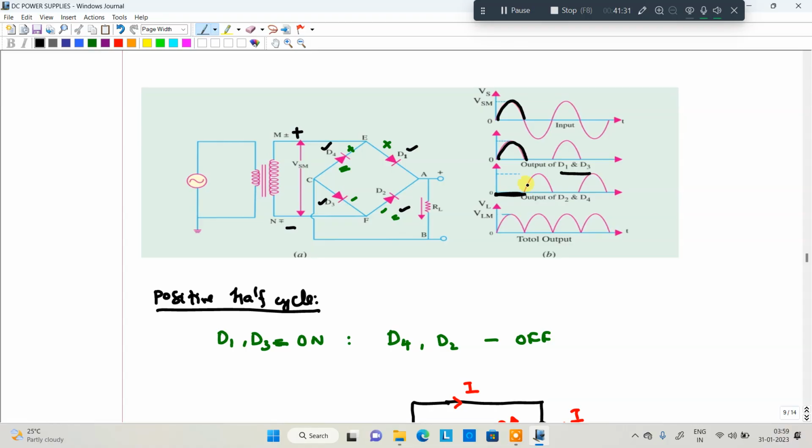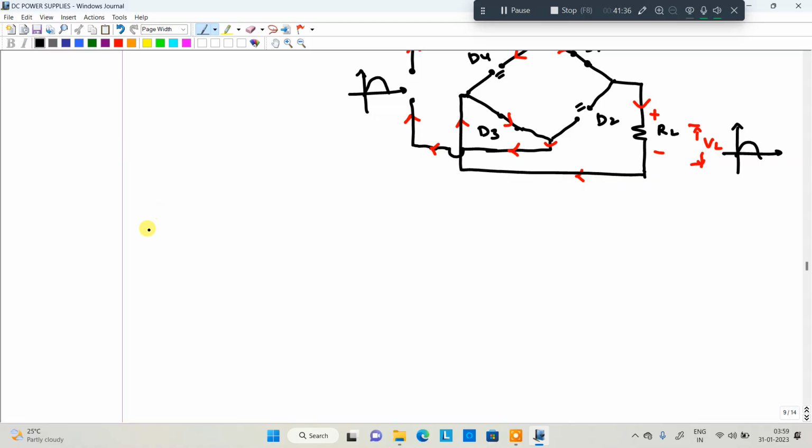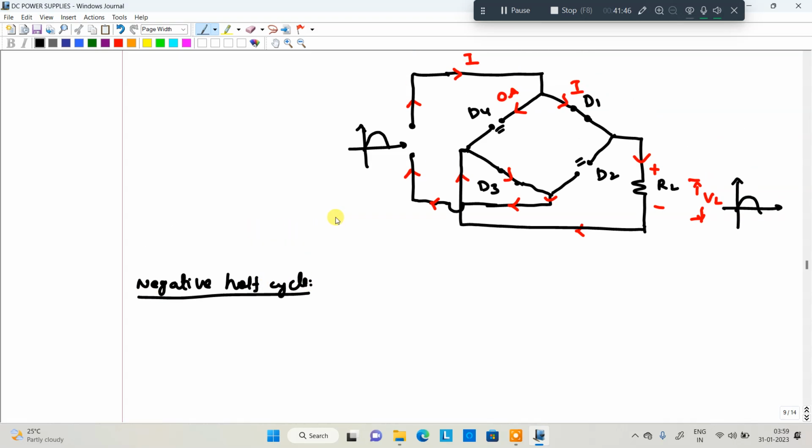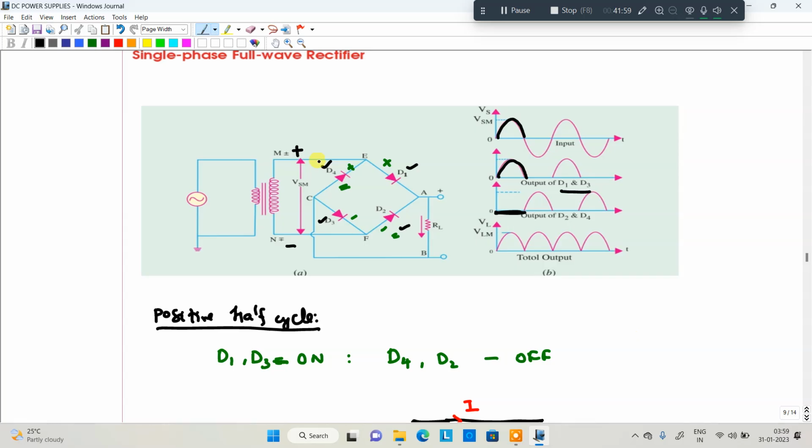Next, coming to the second case, negative half cycle. In the negative half cycle, we will draw the diagram. This is a diode. In the negative half cycle, look here. Negative half cycle means, we'll take another color. This is negative, this one is positive.